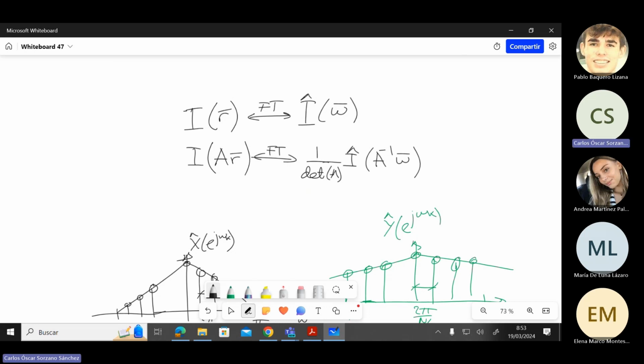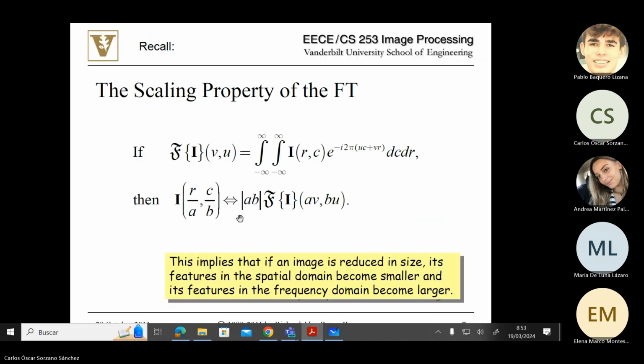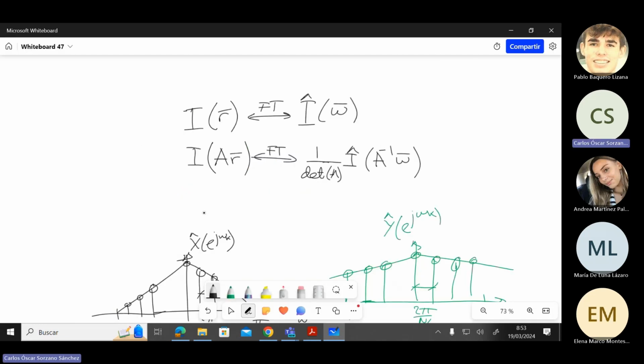While this one is only for a particular case, where A is equal to 1/A, 1/B, 0, C. The one in the slides is for this particular case. This is the more general case.